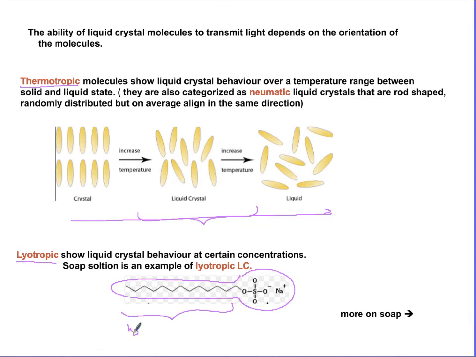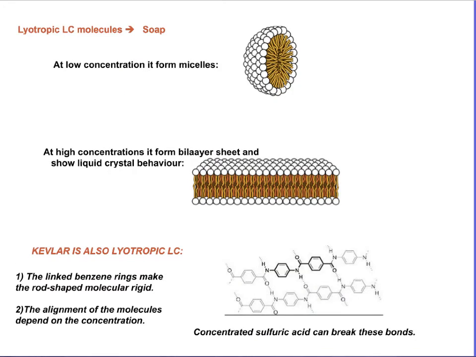So this is hydrophobic, and this here is hydrophilic. Now, as you change the concentration of soap or detergent, you can also change its property, and under one concentration it becomes a liquid crystal.